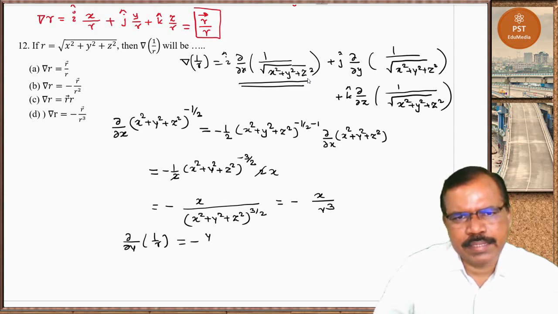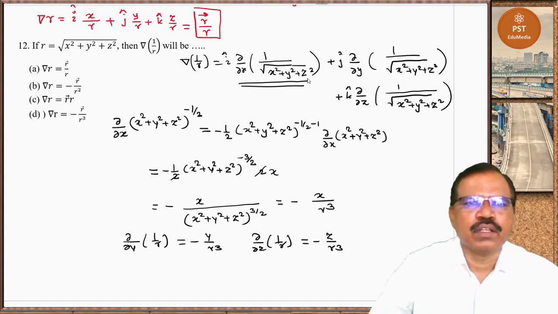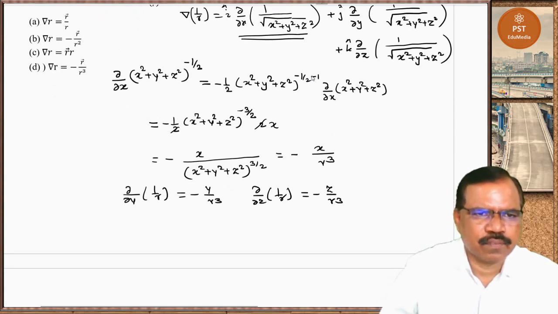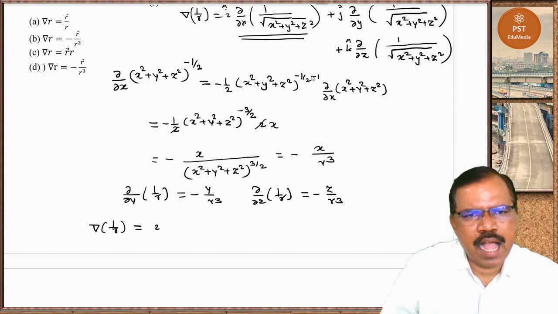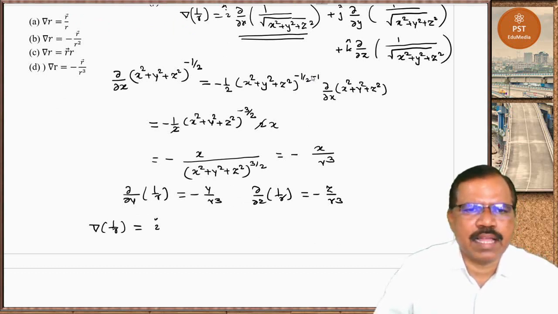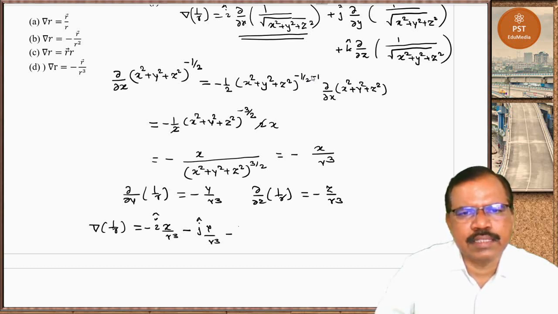Similarly, you will get the partial derivative with respect to y of 1 upon r will be equal to what? Minus y by r cube. And the partial derivative with respect to z of 1 upon r is minus z by r cube. So take del of 1 upon r. The first term is i into minus x by r cube, the second is j times minus y upon r cube, plus k times minus z upon r cube.